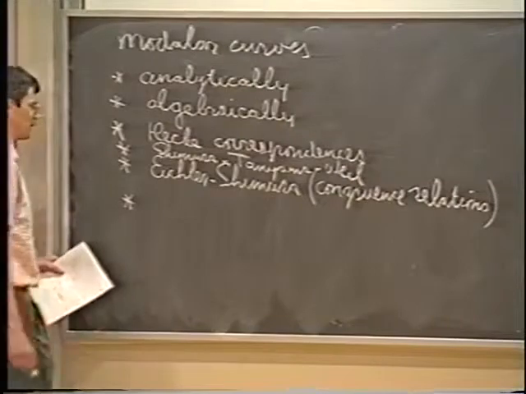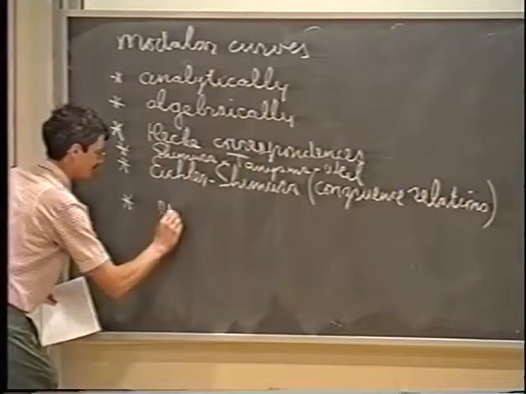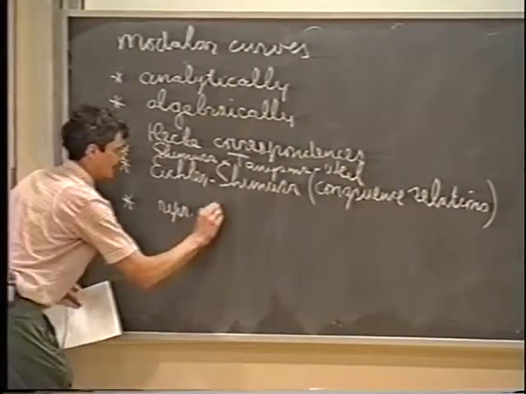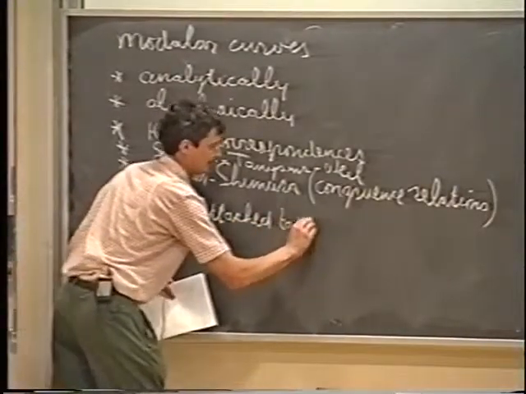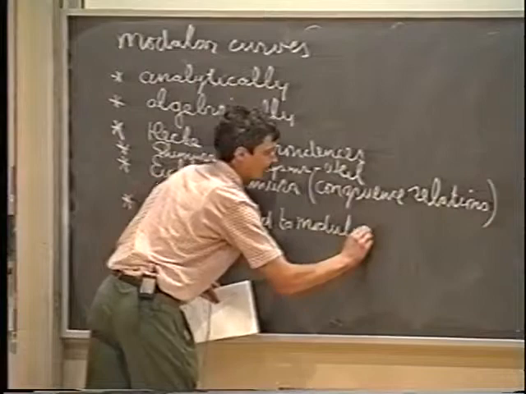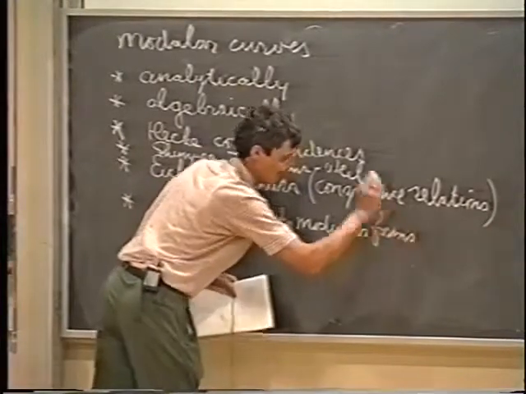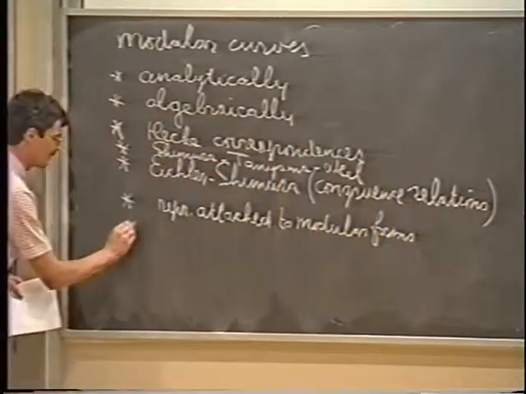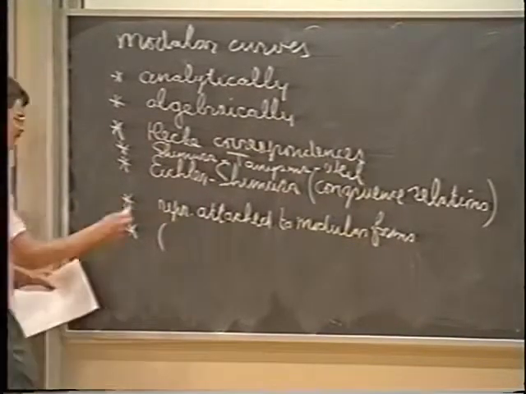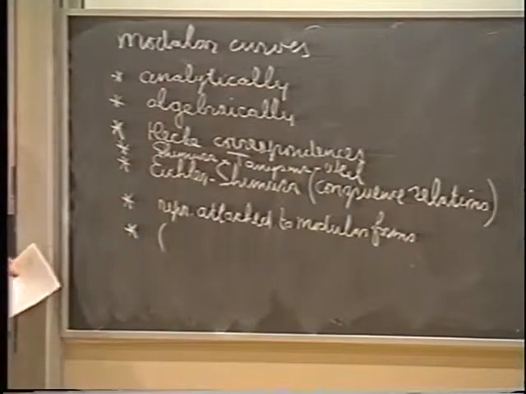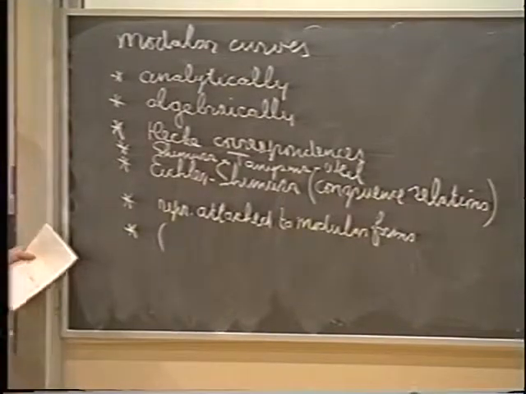And then finally we will look at the representations attached to modular forms, and speak quite briefly, I hope, because I'm certainly not an expert on this at all, of how these representations look when you restrict them to a decomposition group.